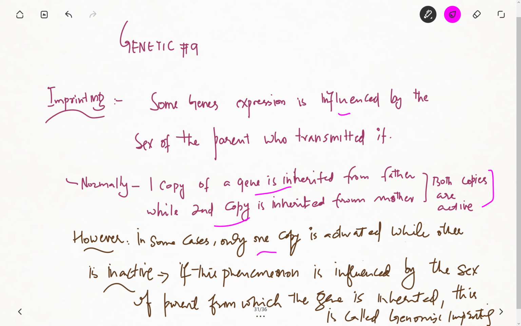If this phenomenon is influenced by the sex of the parent from which the gene is inherited, we call it genomic imprinting. So genomic imprinting is when gene expression is influenced by the sex of the parent who transmitted it.